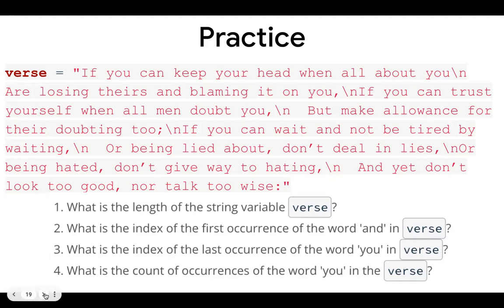So in the second question, the first occurrence means what's the number? I mean, fifth word or 10th word, like this? Yeah, so it says, what is the index? And index is, if I could explain it to you, the number associated with the value.